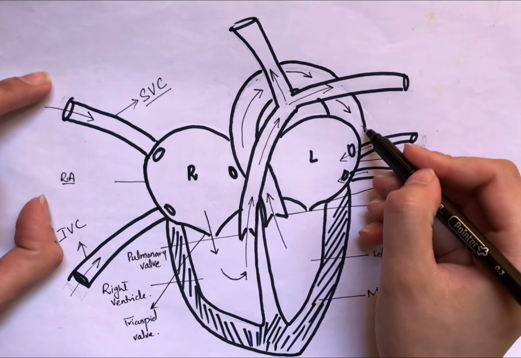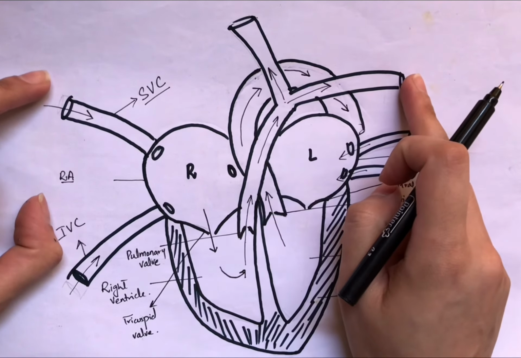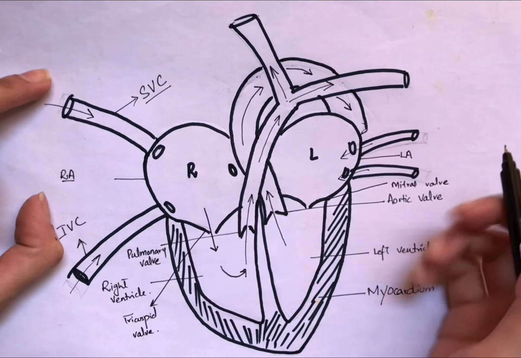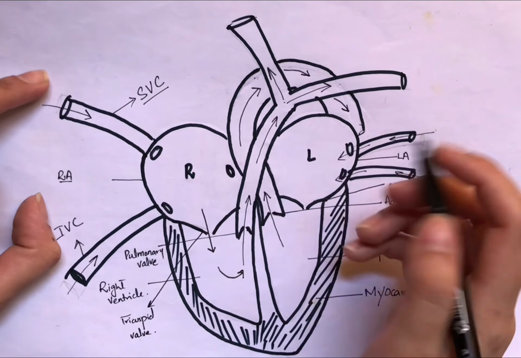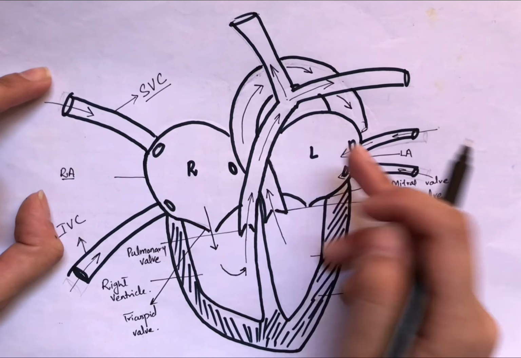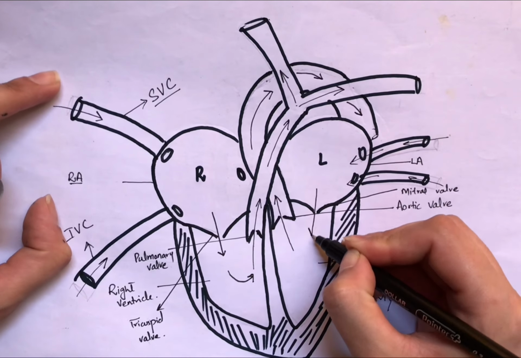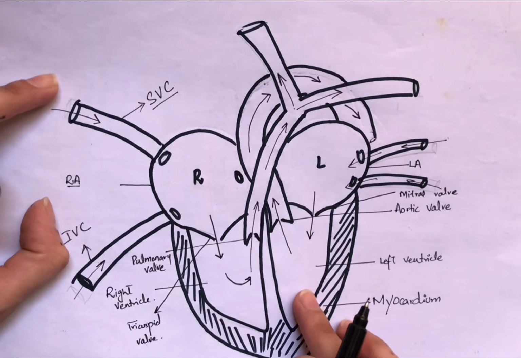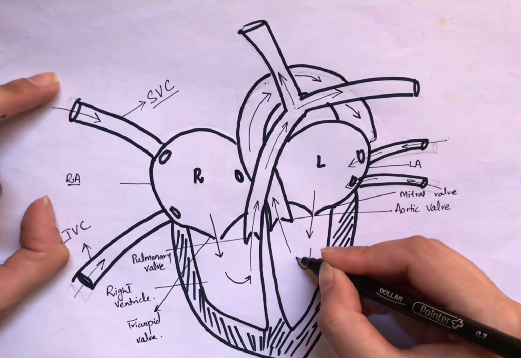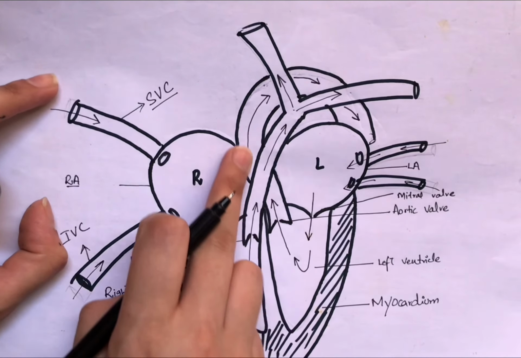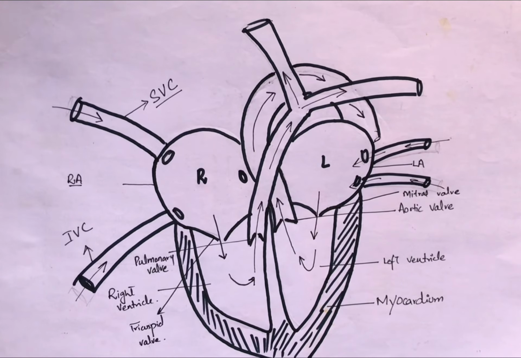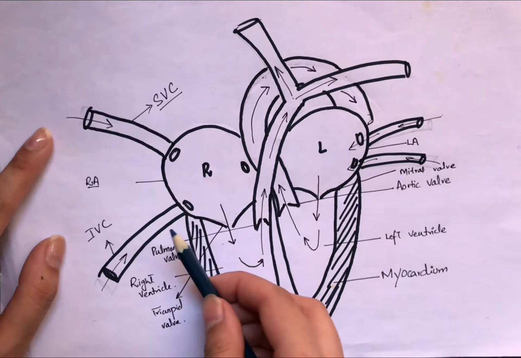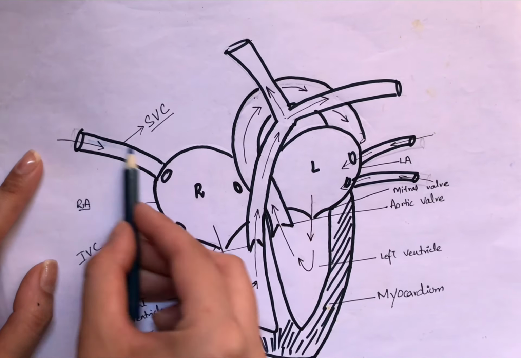From the lungs, the oxygenated blood comes back through the pulmonary veins that open into the left atrium, and then the left atrium contracts and the blood flows through the mitral valve into the left ventricle. When the left ventricle contracts, the aortic valve opens and the blood is pushed into the aorta, and from the aorta it supplies the whole body.